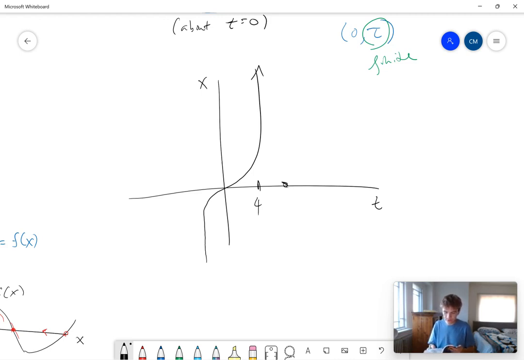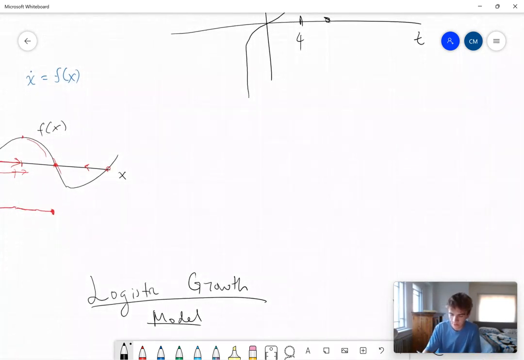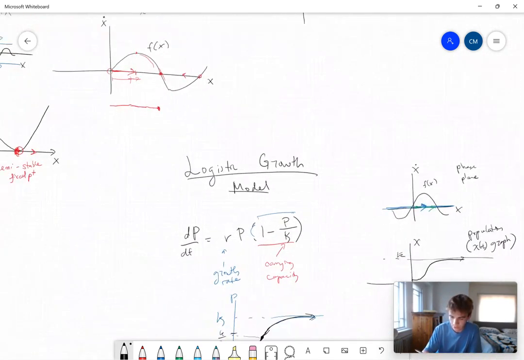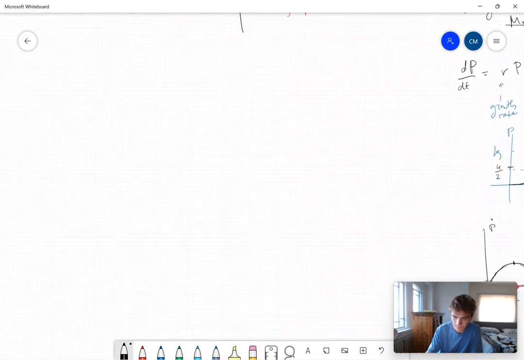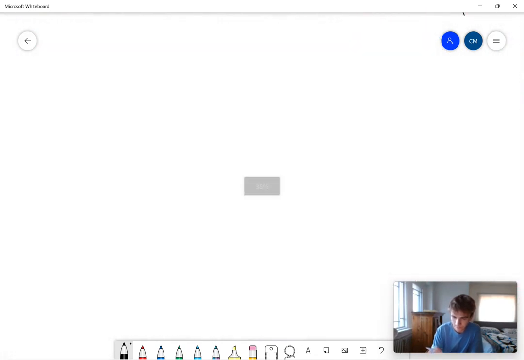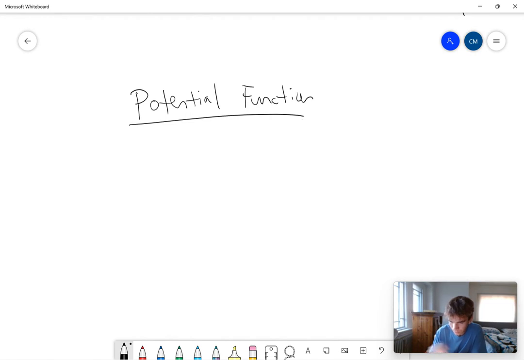Oh yeah, there's one last thing to cover. So the last thing that I'll talk about is the potential. So the potential function. It turns out the potential function is actually very useful in physics as well.